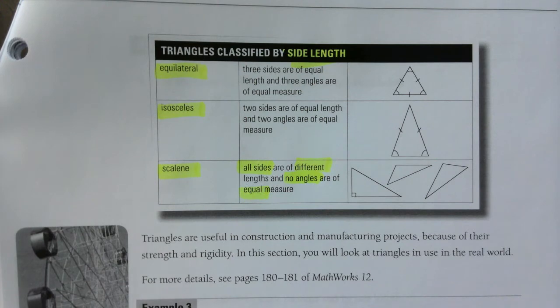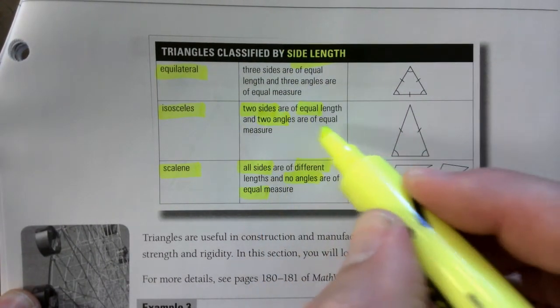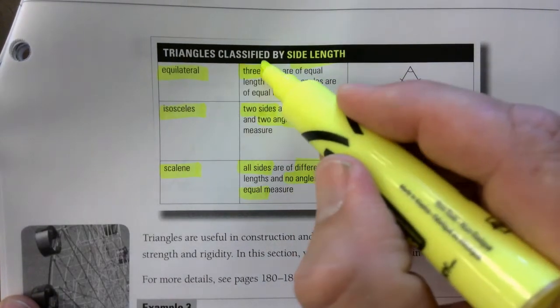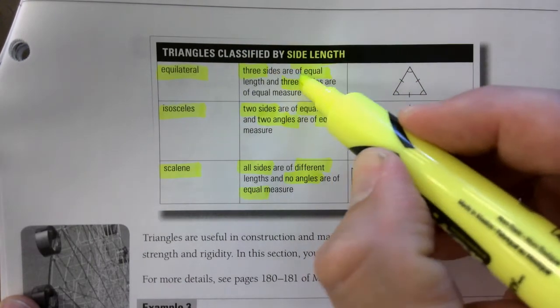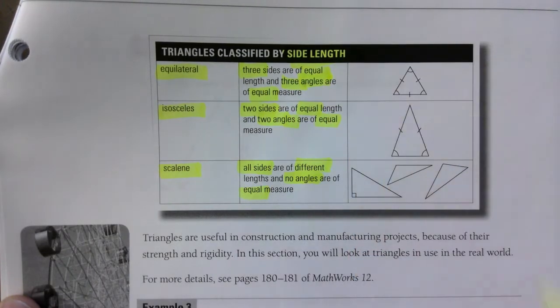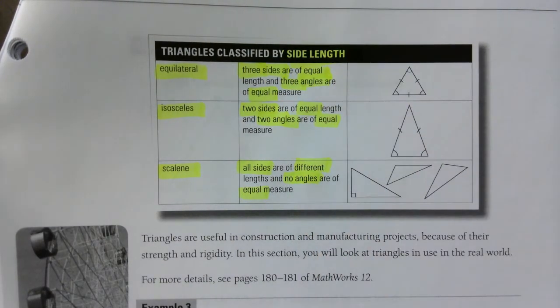And isosceles, two sides are equal, two angles are equal. It's basically what you need to remember. An equilateral, obviously all three sides are equal, all three angles are equal as well. Three sides are equal, sorry, sides, right? Three sides are equal, three angles that are equal.